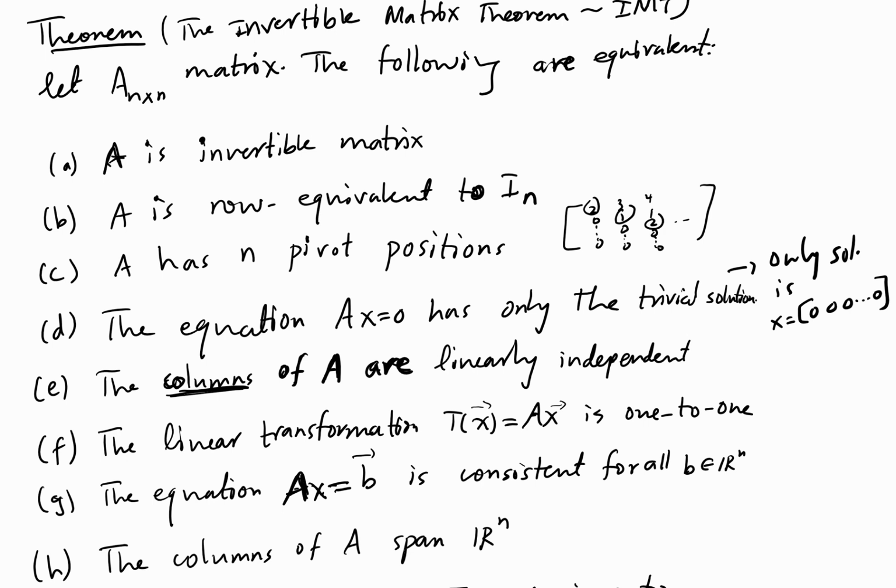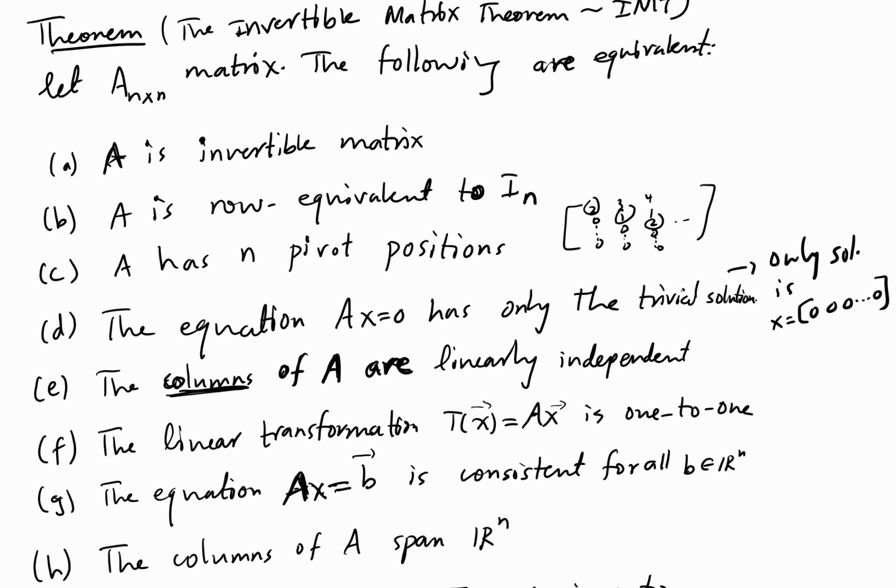So it has at least one solution. You don't get one of the rows with all zeros and then some number other than 0, right? So that's called consistent. It has either one solution or infinitely many solutions.